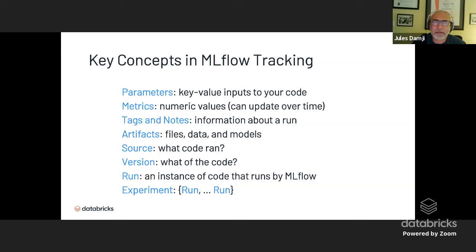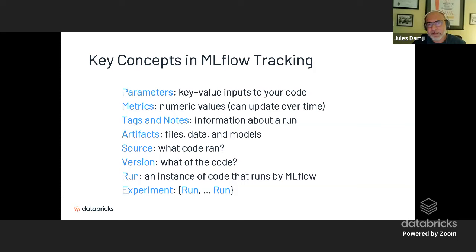In a neural network, it could be the number of filters you're using, or what loss function you're using, or how deep your tree is, or how many random forest estimators you're using. These are the parameters that you use in order to build your model, and we want to capture that because it helps us figure out what parameters we used to create the metrics, which is the second one. The input parameters that we track give you the metrics, and the metrics are the values that you are going to use to judge and ascertain whether your model is good or not.